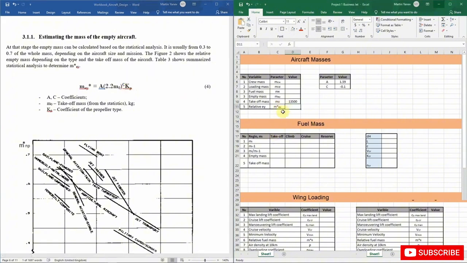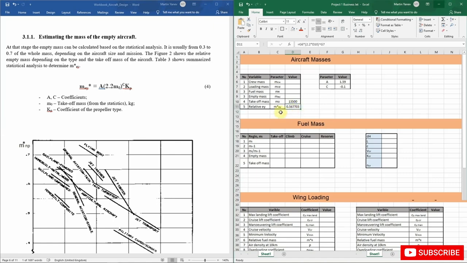Let's write it here: equal, so the MEY star is equal to A multiplied by bracket 2.2 multiplied by M0, so select M0 here, and what is in the brackets will be to the power of C, which is minus 0.1. Okay, that's it. And we're getting the value of 0.56 and more numbers.